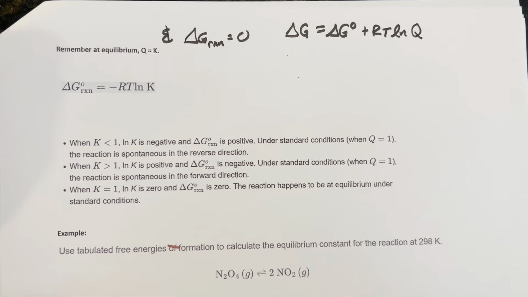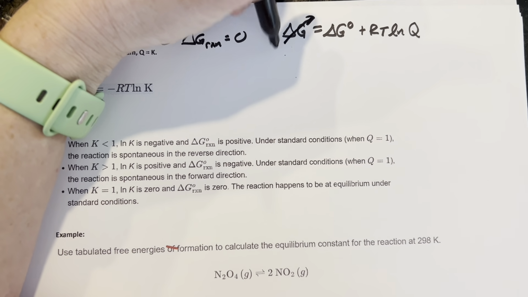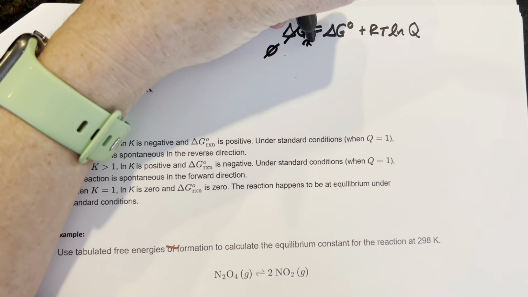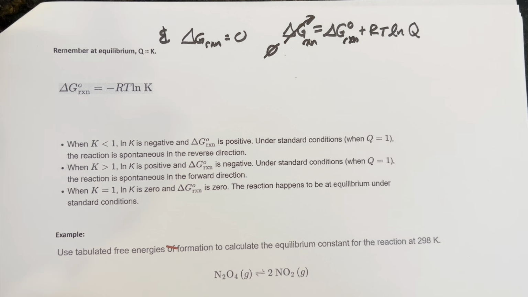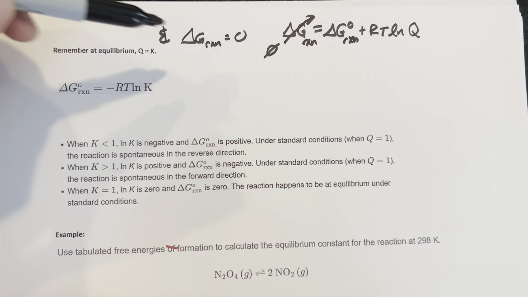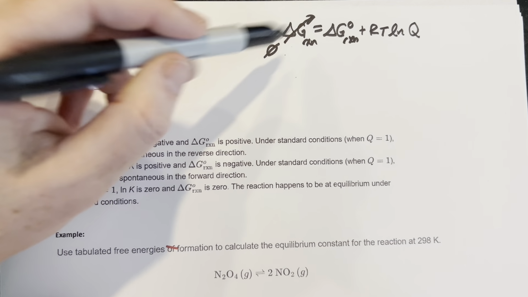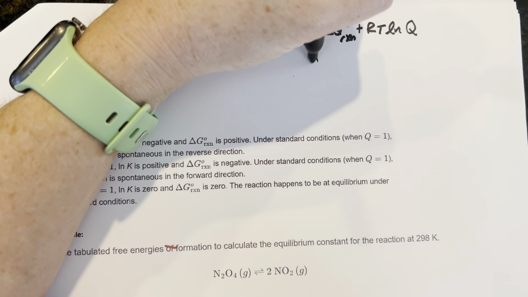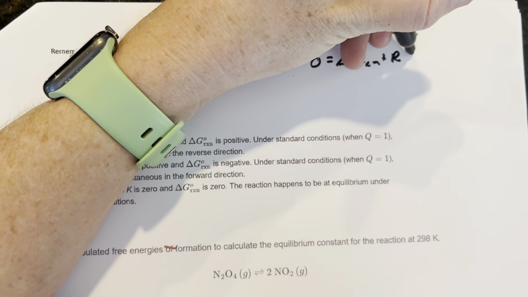This was our original equation. Now, at equilibrium, this goes to 0, and we could put Rx in because we're talking about a reaction here, but that's kind of a formality at the end of the day. So in other words, right now we have 0 equals delta G naught of the reaction plus RT ln of Q.